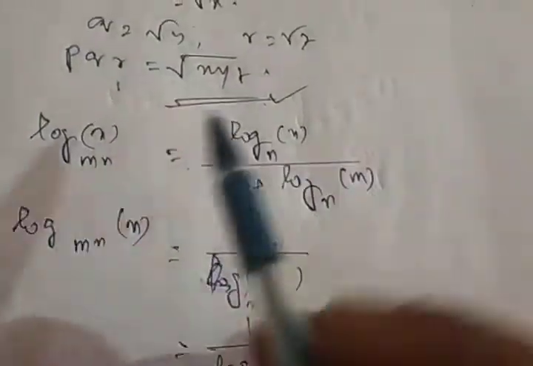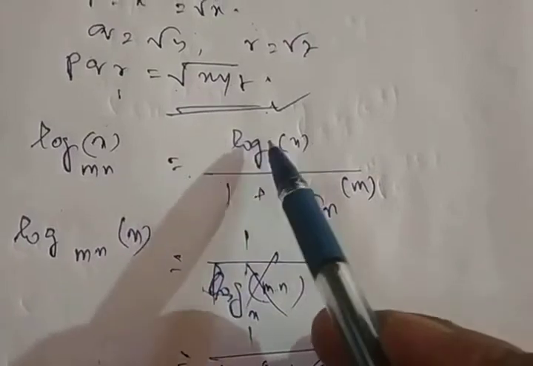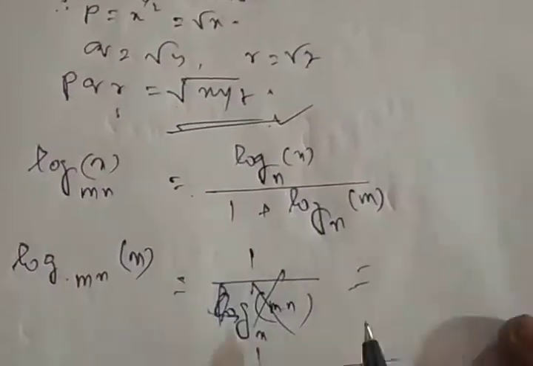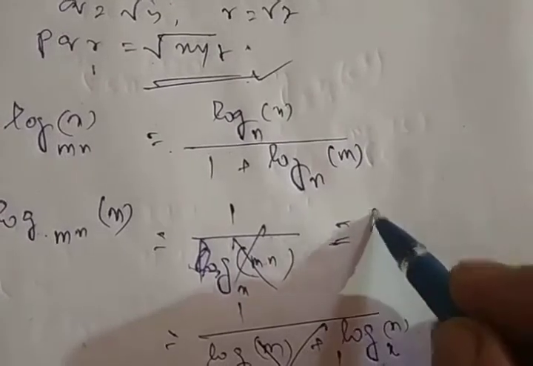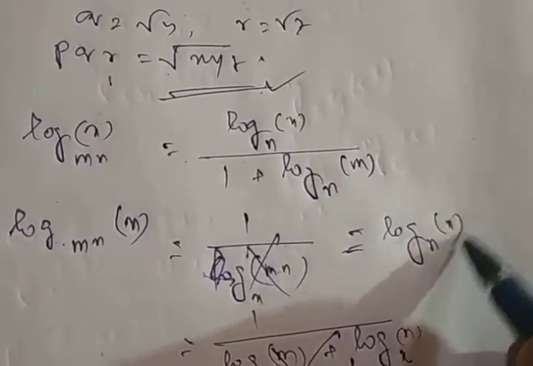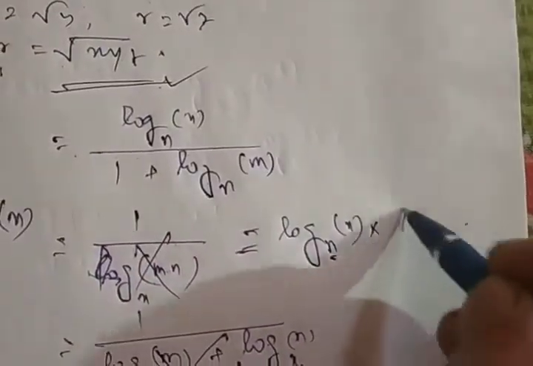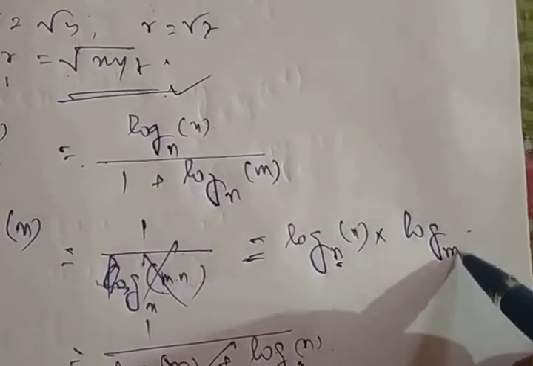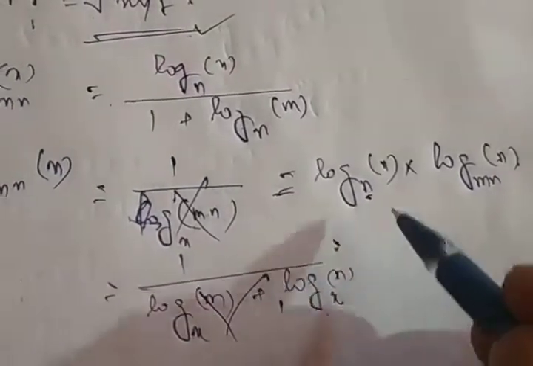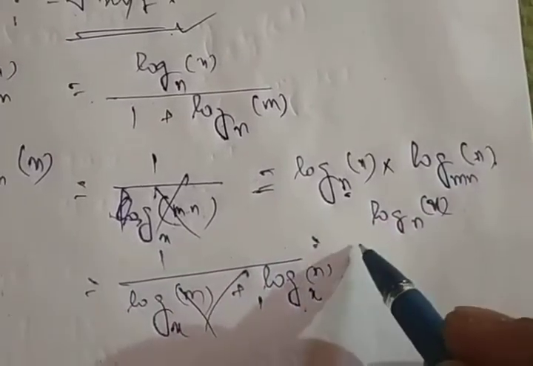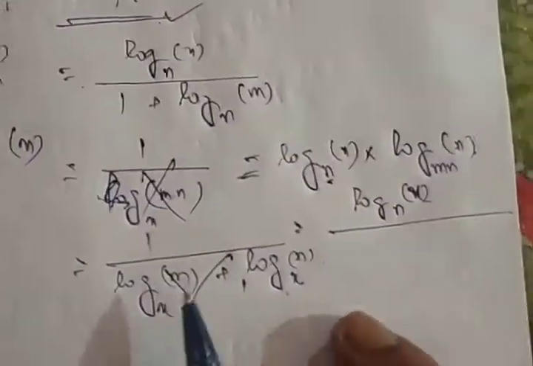First we have to apply the change of base. So applying change of base, if we take base n, the term mn will be multiplied and will be in the numerator.